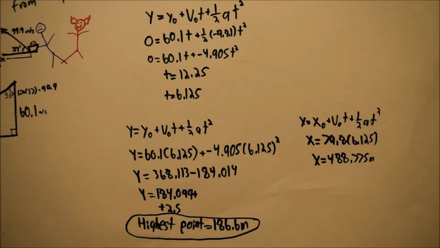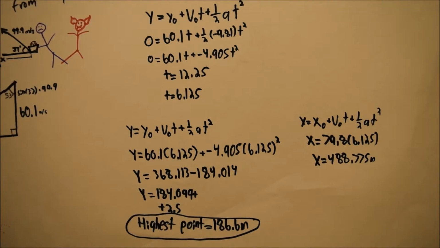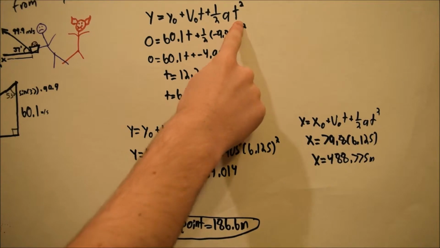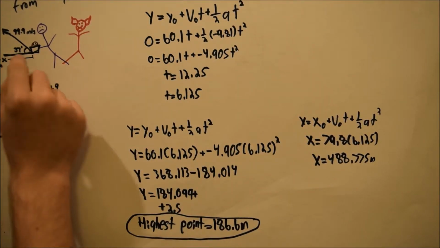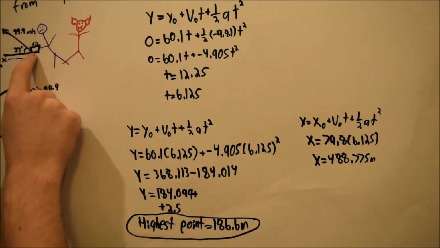Okay, so the way I solved this is I took out this component right here altogether for the most part. I started off with y equals y naught plus v naught t plus 1/2 at squared, to solve for the whole trajectory time as if this was point 0 and it would land at the same height.